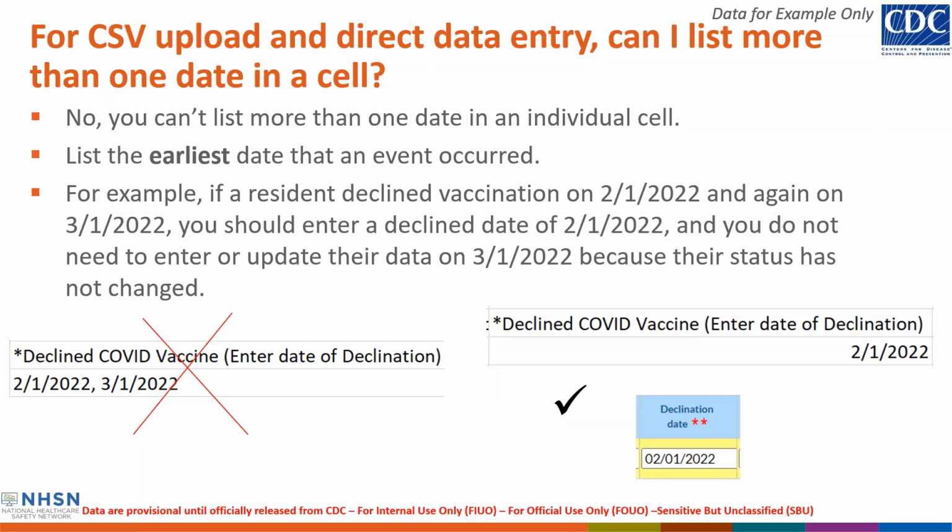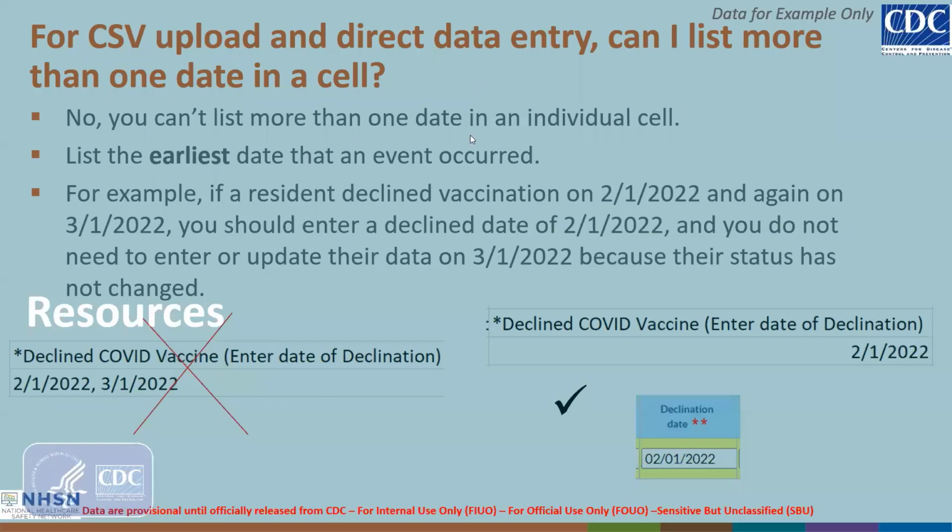And if you're using the form, so you're uploading in the application, when you click on that date field, it actually should show you a calendar that helps you select that date, but only one date, and it should be the earliest date that the event occurred. If somebody continues to decline vaccine once a month, that doesn't actually change how they're categorized. So we just need to know that first date that they declined vaccine. The only time that you would add a new date to their row is if their status changed. So if they decided to get vaccine, for example.